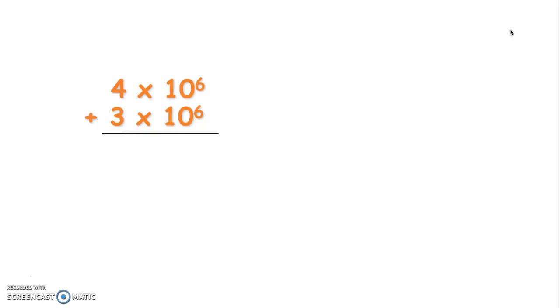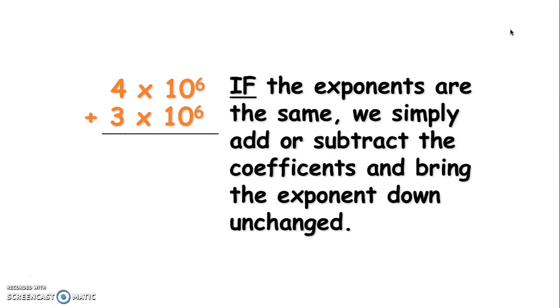Alright, so when you are adding numbers in scientific notation, you need to remember two things. The first thing is if the exponents are the same, all we have to do is simply add or subtract the coefficients, which remember is that number before the multiplication, that whole number right there.